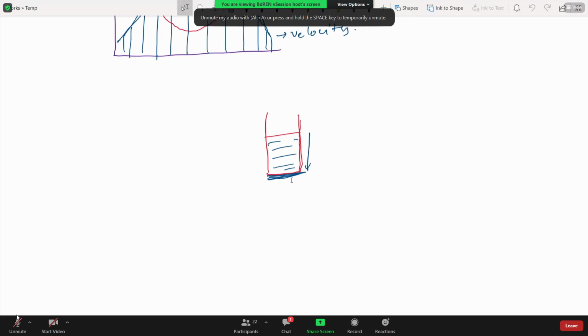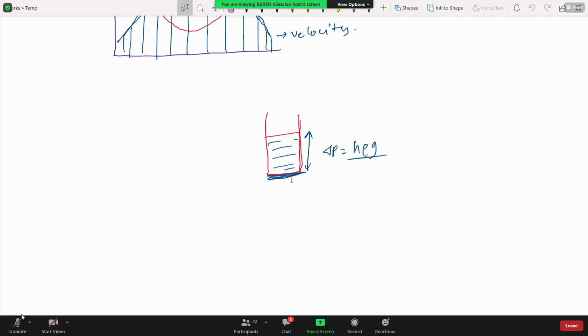What is the pressure? There is a formula: h rho g. Exactly. Pressure will be h rho g, so delta P is h rho g. That is the pressure applied by the weight of this liquid. So what is the weight of this liquid? Mg, right?